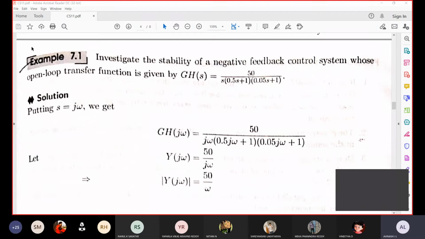Investigate the stability of a negative feedback control system whose open loop transfer function is given by 50 divided by s into (0.5s plus 1) into (0.05s plus 1). So write this particular numerical, all of you.